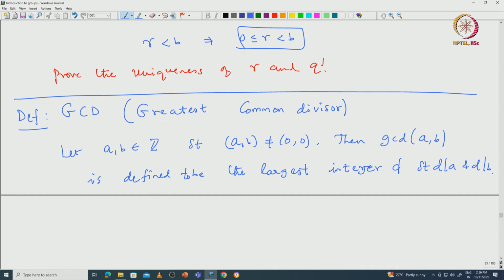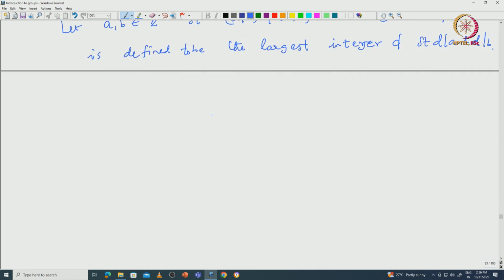That is called the greatest common divisor. Basically, you divide this word into two, you look for all common divisors and then take the greatest among them.